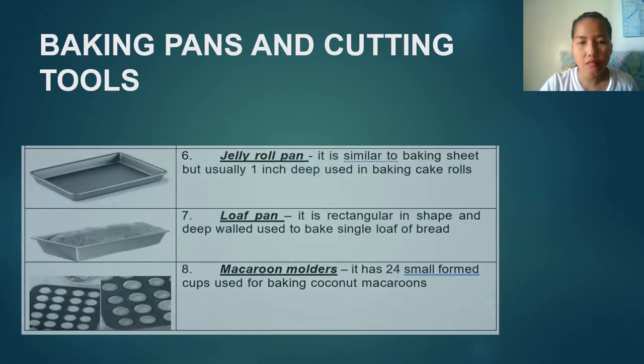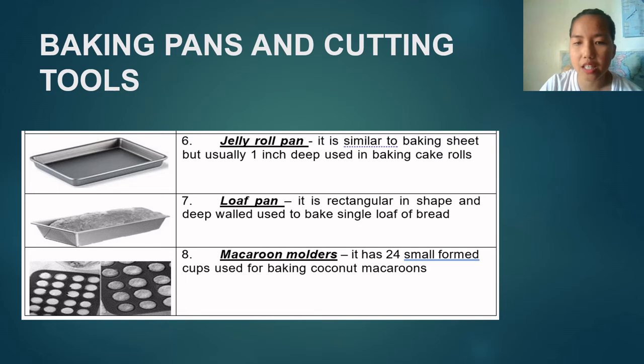Next, in your module number 6, we have the jelly roll pan. What's a jelly roll pan? It is similar to a baking sheet, usually 1 inch deep, used in baking cake rolls.